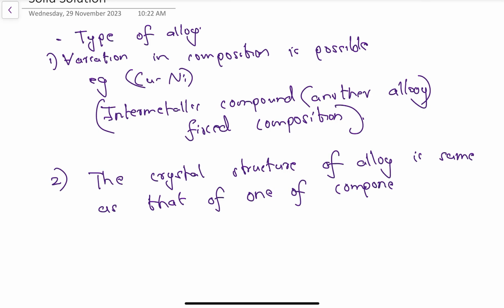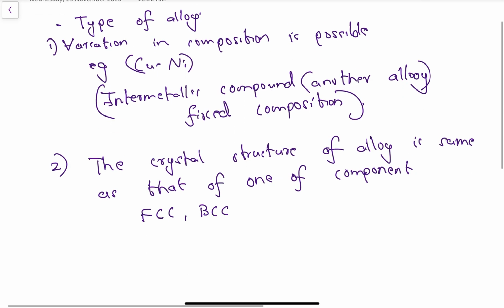Crystal structure means if one is FCC and another is BCC, then the resulting alloy may have a crystal structure of either BCC or FCC. It will not have a crystal structure other than that of FCC and BCC. That is what this says.